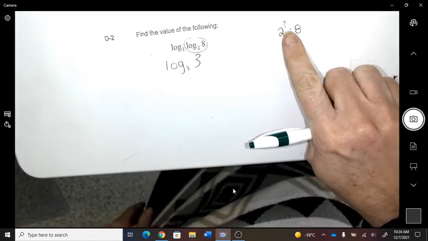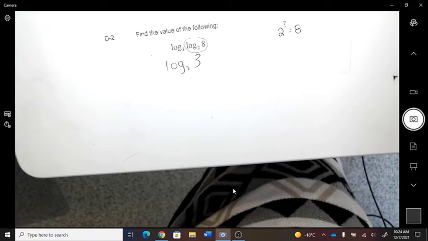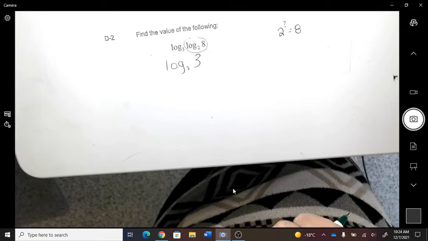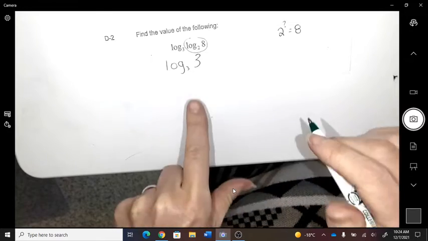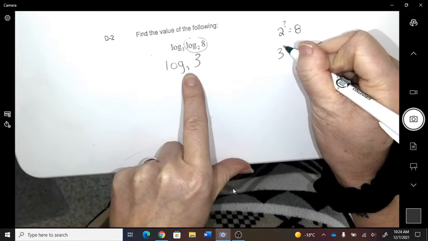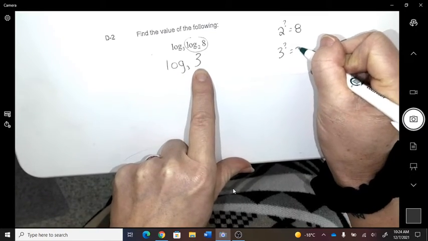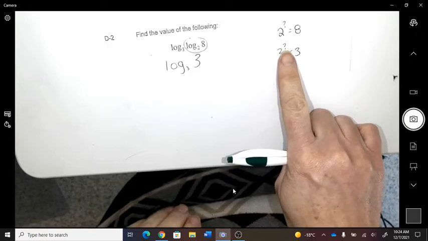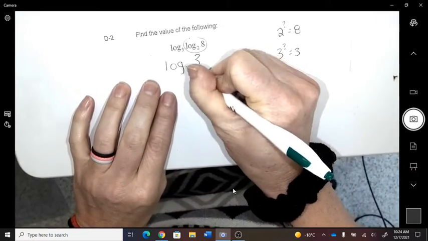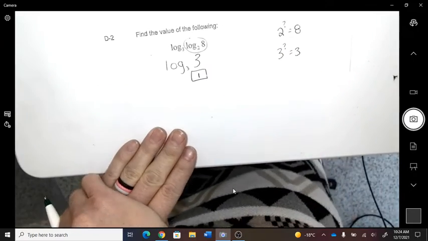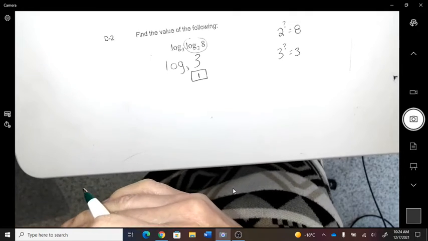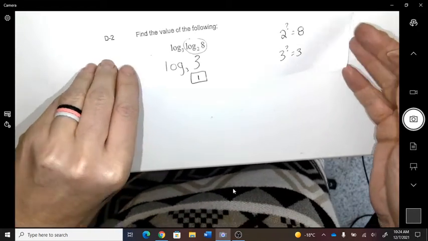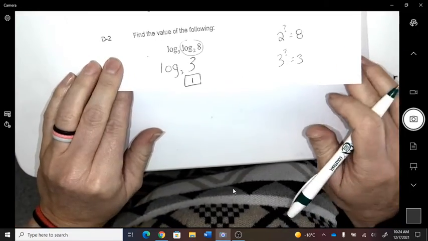Okay, because that exponent would need to be 3. Now again, your brain is thinking, what's the exponent that makes that happen? So the base of 3, some kind of exponent, results in a 3. So this exponent would need to be a 1. And again, I'm not throwing x equals 1 into this because I don't have x's or anything. I'm just asking for the value. Okay?